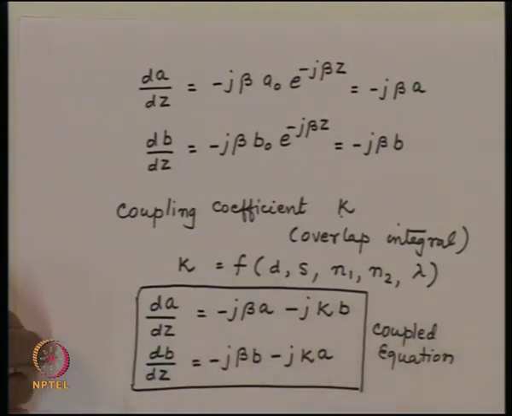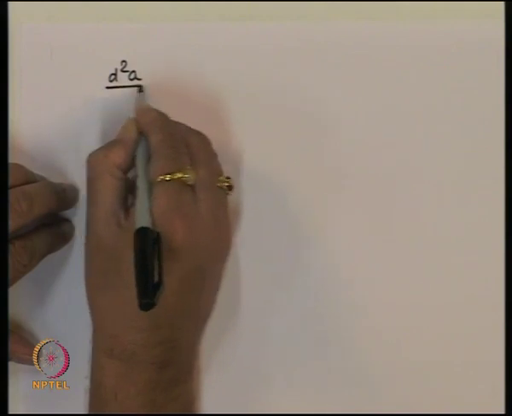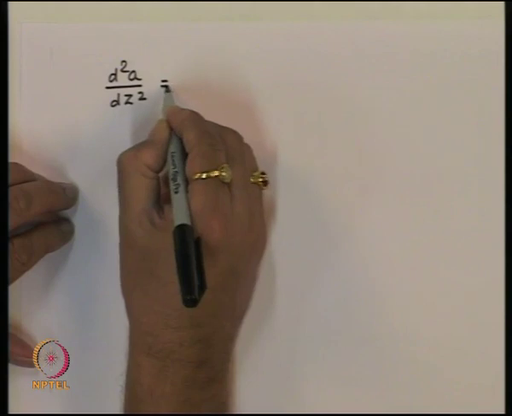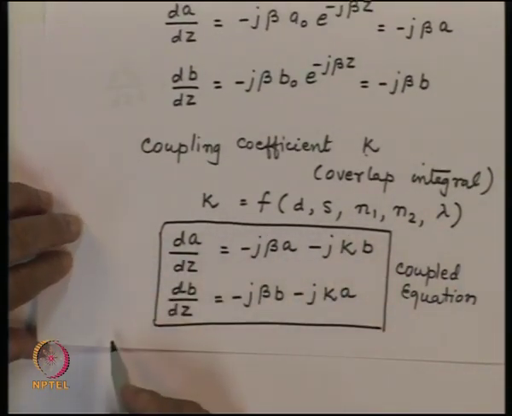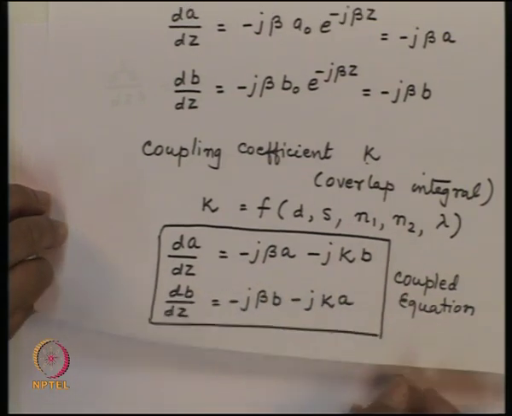So this we can analyze by decoupling these equations, and that is done by taking one more derivative of this and substituting from the second equation here. We can get d2A by dz square, that is, I am differentiating this equation now with respect to z. So we get minus j beta dA by dz minus j k dB by dz.